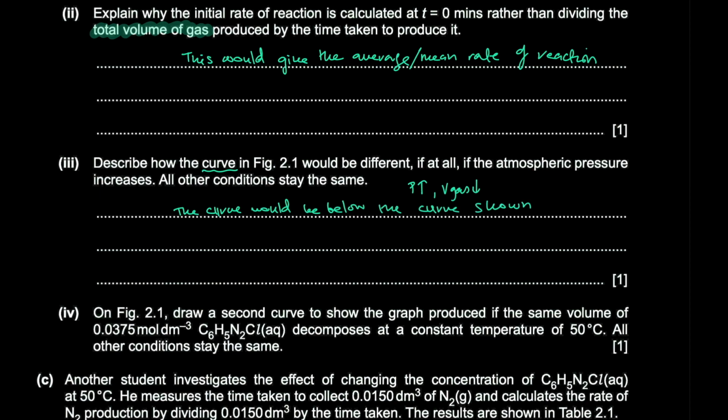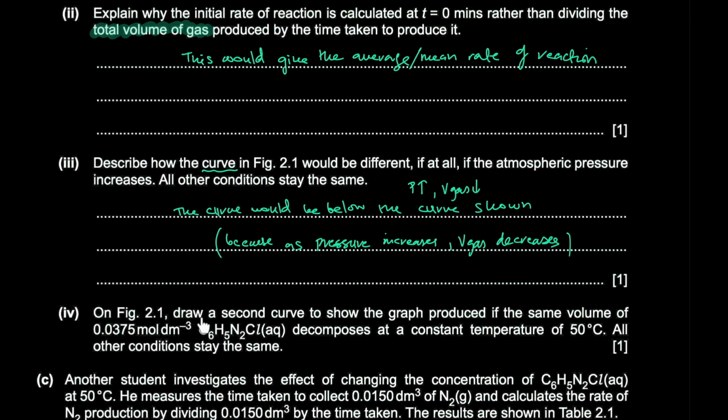Okay, and the reason why is because as pressure increases, the volume of gas collected decreases. I've written that in parentheses because they're not asking for an explanation. They're only asking for a description of how the curve would change. However, I still mentioned the reason in parentheses here.